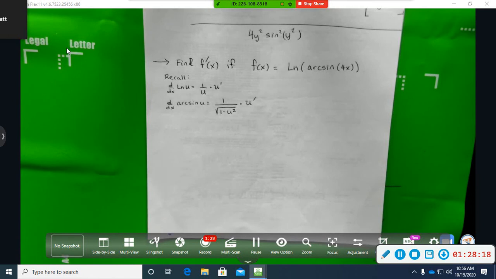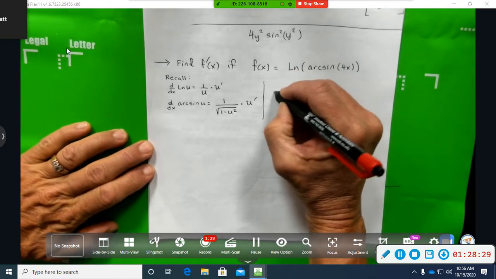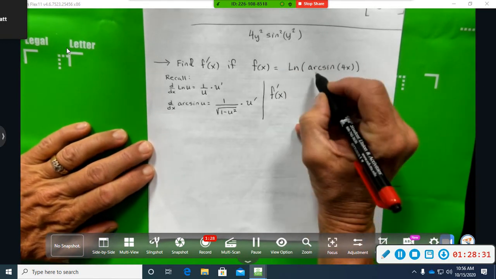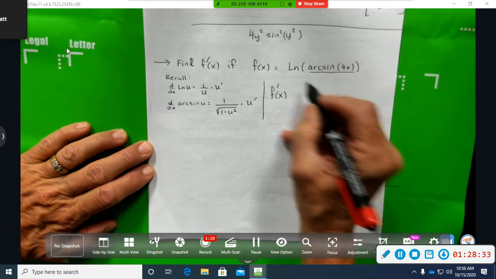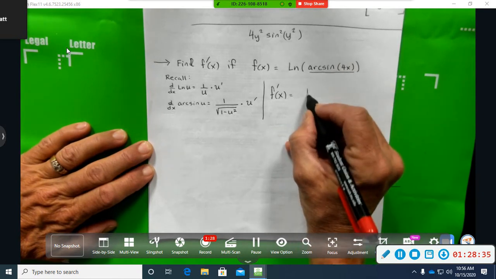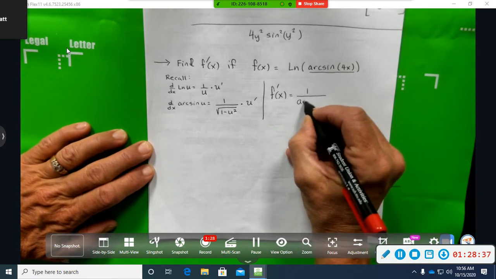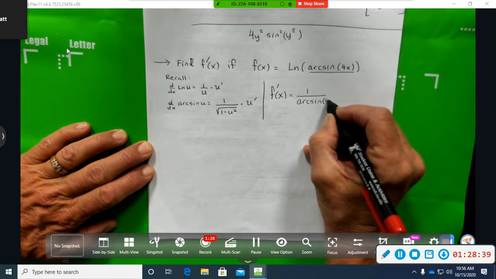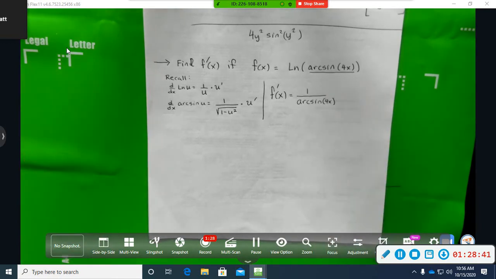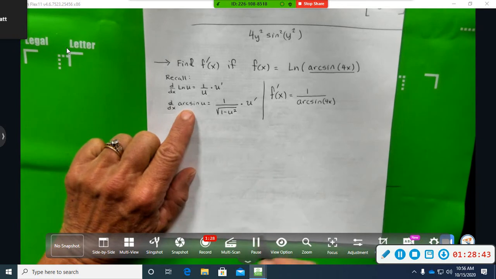Let's just knock this bad boy out. So, f prime of x, this part is the u right now. Derivative of the natural log of u is 1 over u times u prime. So now we're taking the derivative of the arc sine of something else.